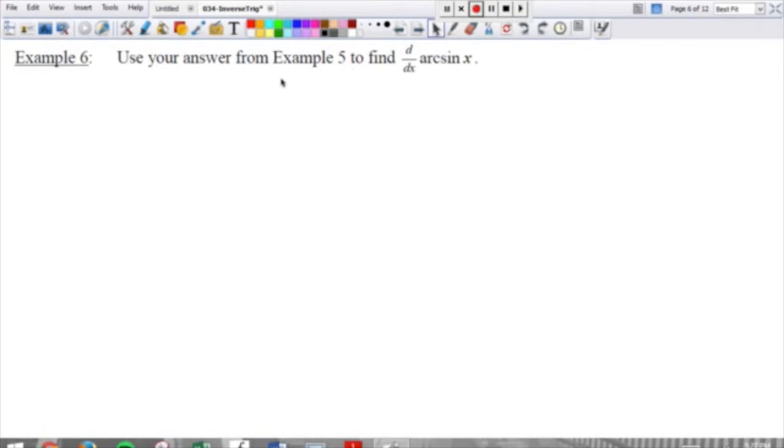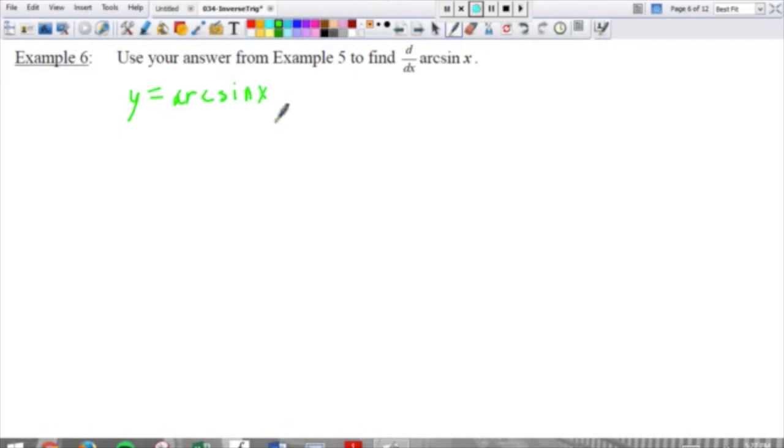Use your answer from example 5 to find d by dx of arcsine. What does the notation mean? The notation means find the derivative of arcsine. Well, let us assume, children, in our infinite wisdom, that y is arcsine of x.